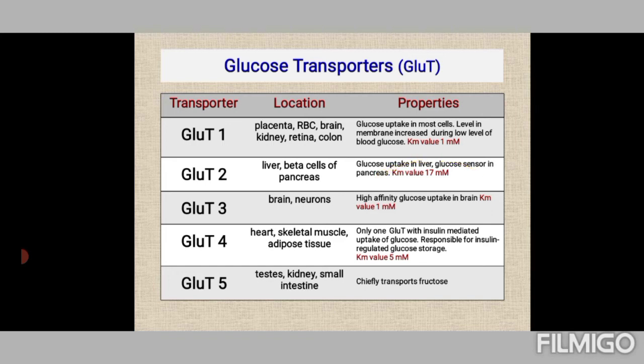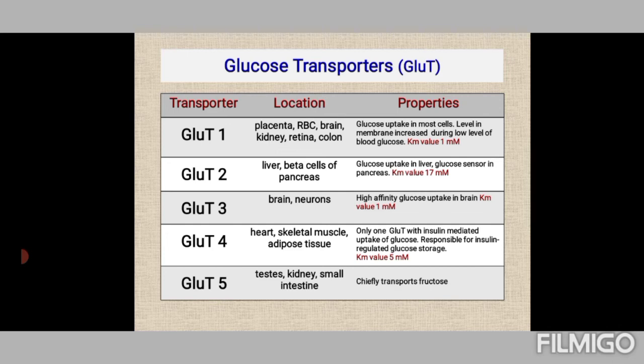GLUT2 has a very high Km value here, that is 17 millimole, which means that they have a very low affinity for binding glucose, and this is rather understandable with the positioning of these transporters, because they are concentrated on liver and beta cells of the pancreas, and in these tissues, that is in liver and pancreas, glucose entry needs to be allowed only when the available glucose in blood is sufficiently high.